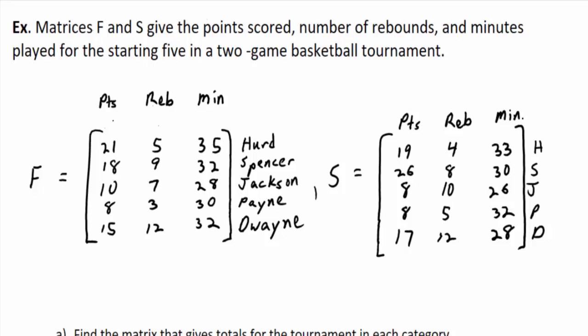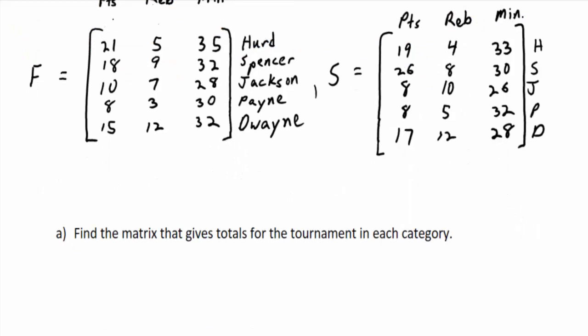So Hurd in the first game scored 21 points, had 5 rebounds, and played for 35 minutes. Okay, just to make sure you're reading it correctly, how many rebounds did Dwayne have in the second game? There you go, right?